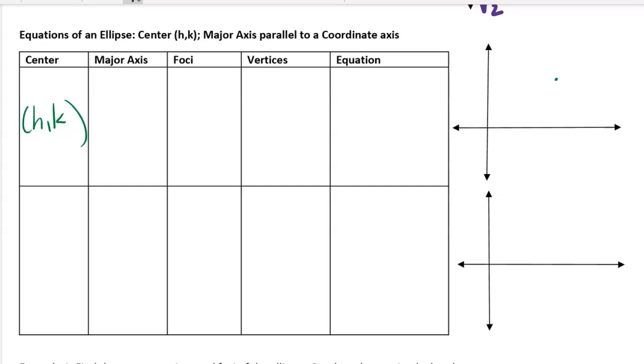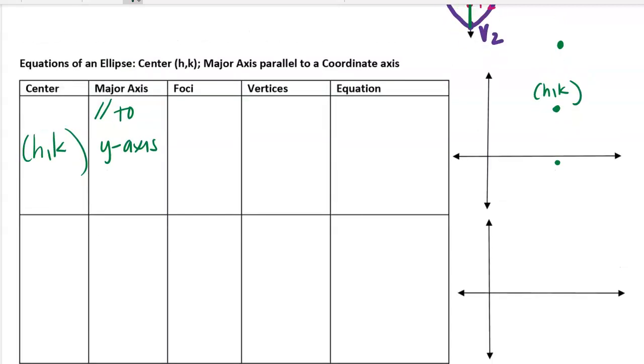We'll plot it right here. There's center, h comma k. Major axis, the first one, we'll make it parallel to the y-axis, maybe. Like that. So that means I'm going to go up a bit, down a bit. These are my vertices.